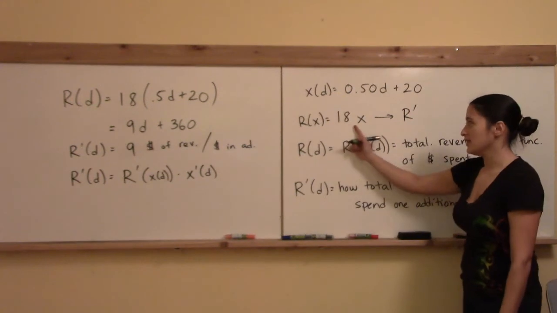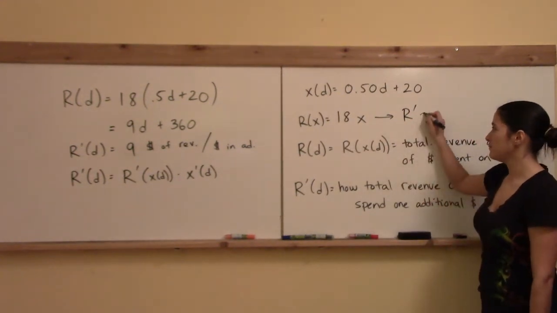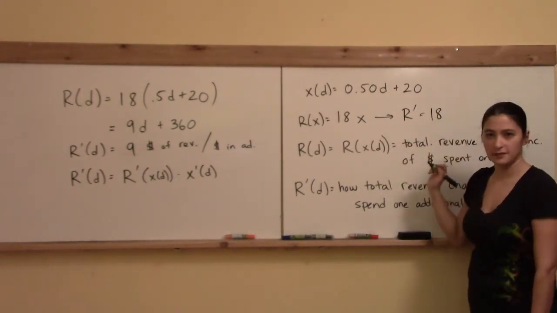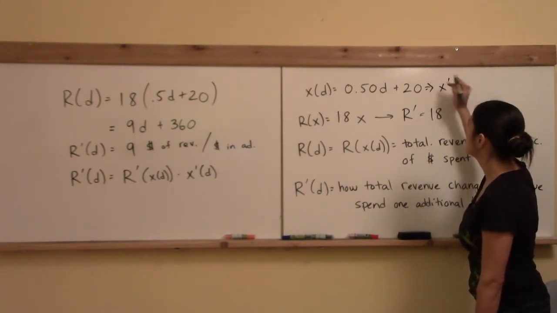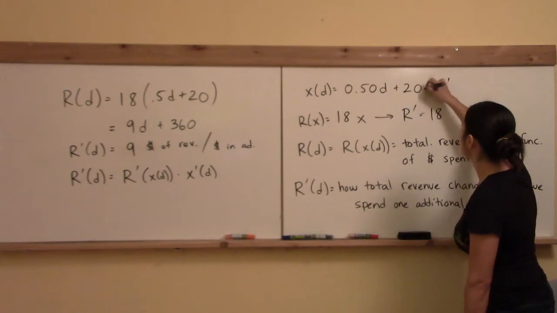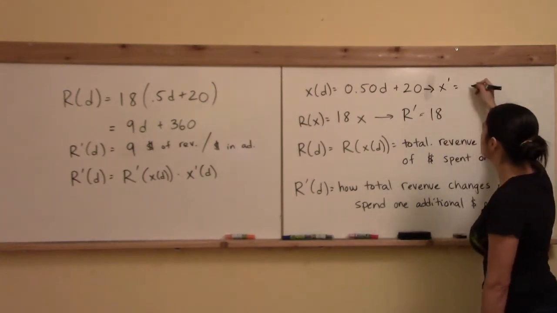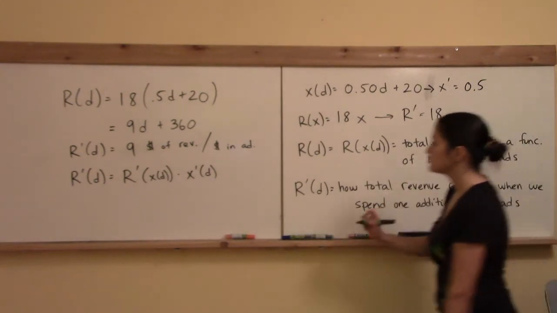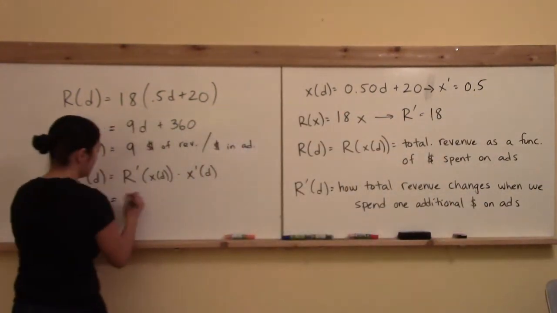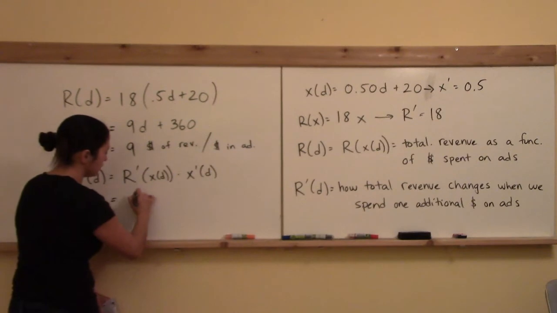If r is equal to 18x, what's r prime? Just the number 18, good. If x is equal to that linear function right there, then what's x prime? 0.5, that's right.